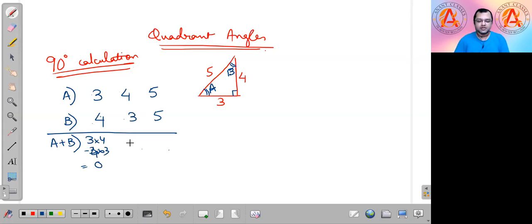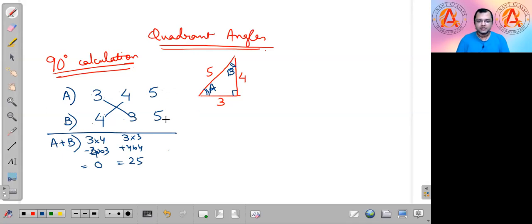And for the second one, what will be the value? Second one, cross multiply and add. 3 3s are 9, 4 4s are 16. Yes, correct. 3 into 3 plus 4 into 4, 9 plus 16, 25.